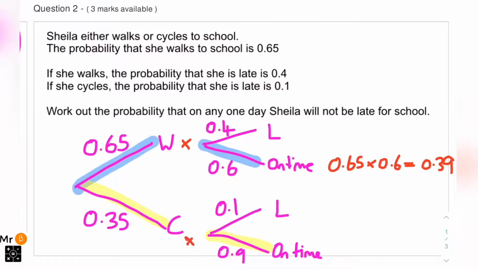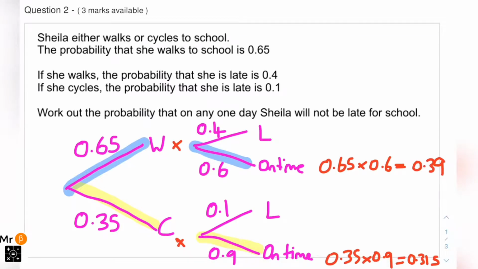And if she cycles and is on time, her probability would be 0.35 times by 0.9, which is equal to 0.315.